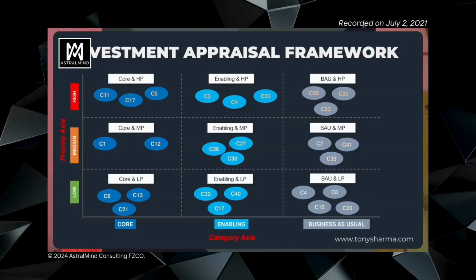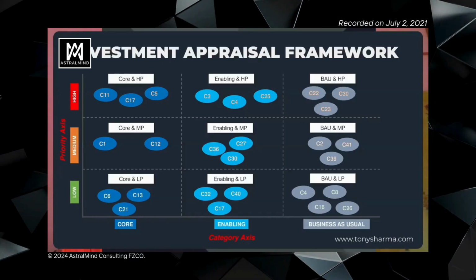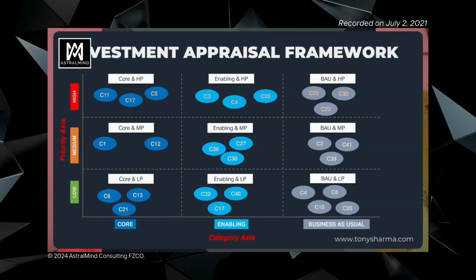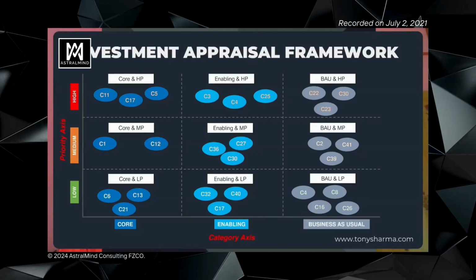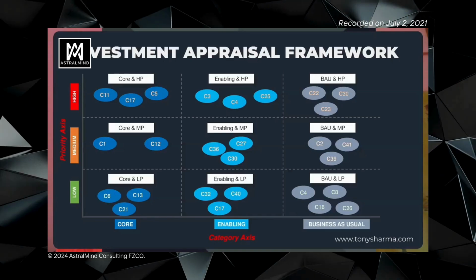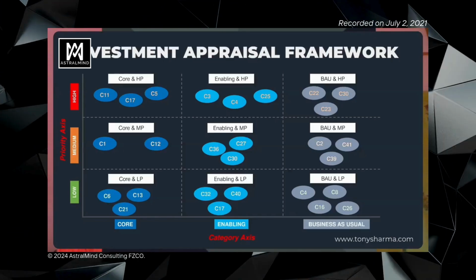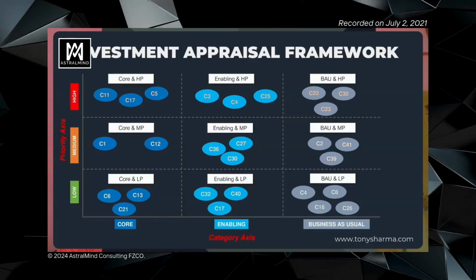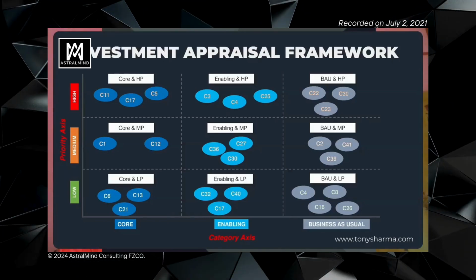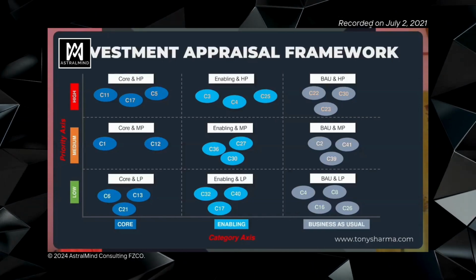They are what I call business as usual, which means they have to be executed many times because of compliance, many times because you need certain enabling capabilities and core capabilities to survive. It's business as usual. It's just transactional in nature. Let's say cleaning up the building, the maintenance of the building, or in a post-COVID new normal scenario, regular disinfection of the building, right?